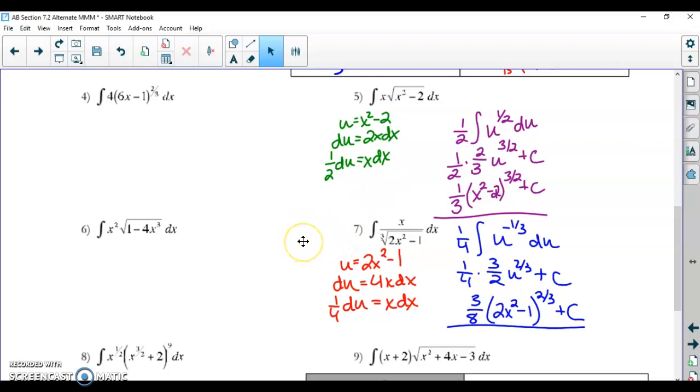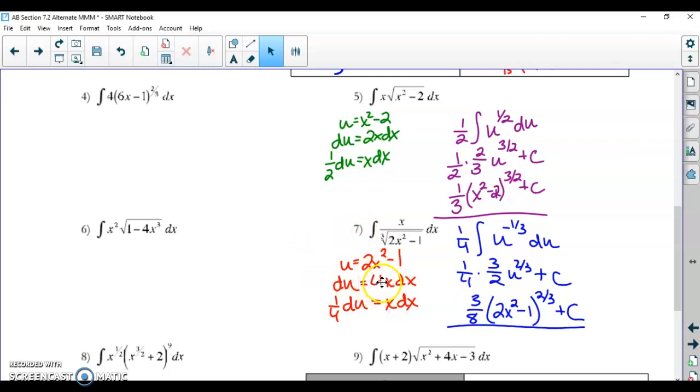In 7, some stronger clues. Not only was the 2x squared minus 1 inside of a radical, but it was also inside the denominator. And its derivative is going to be 4x, and I do have the x sitting right up here. So this is a perfect setup for u substitution. Everything's working out just the way that I'd like. Got this extra 4.